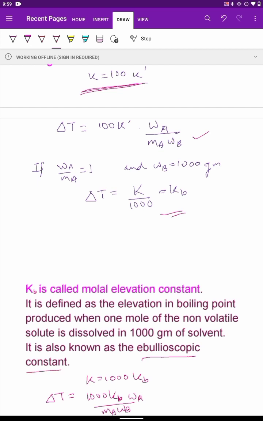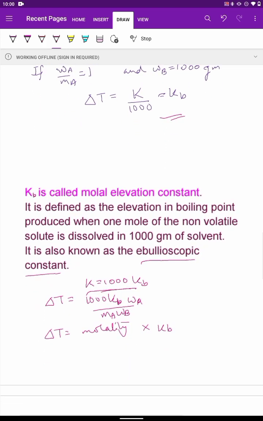This new K is equal to 1000 into KB, where KB is the molar elevation constant or ebullioscopic constant. So here we get delta T is equal to 1000 KB into WA by MA into WB, that is, delta T is equal to molality into KB. If you remove this KB, the other part gives rise to molality.